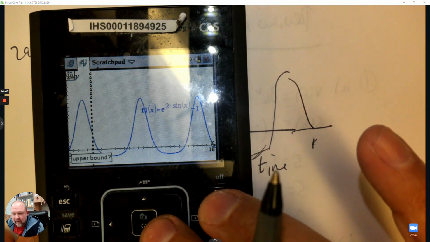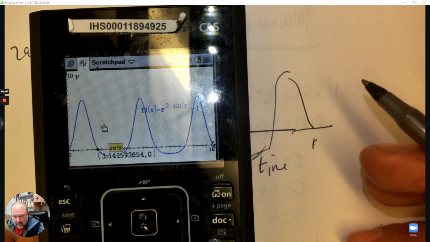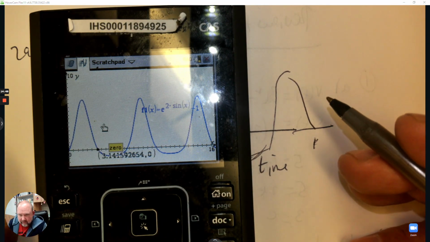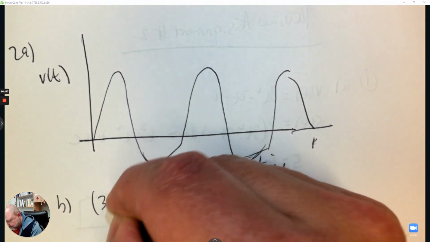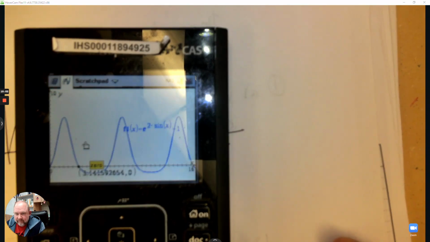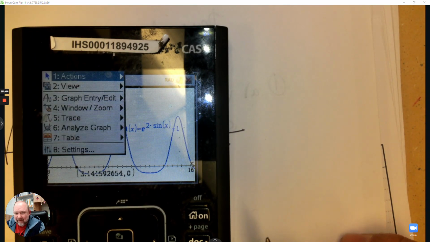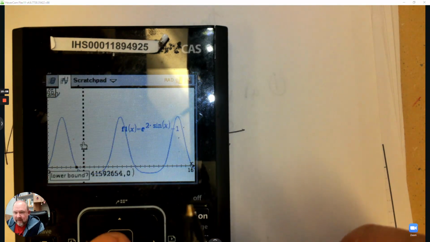So we got 3.141. We don't have to round. Then we'll do it again. Menu, analyze, zero. Again, I'm moving it anywhere to the left, press down, and then to the right, press down until you do it.